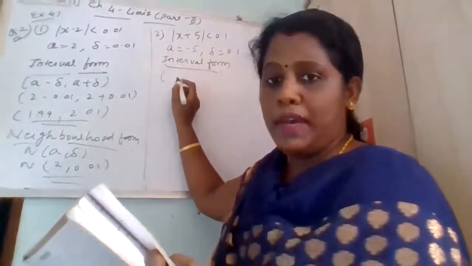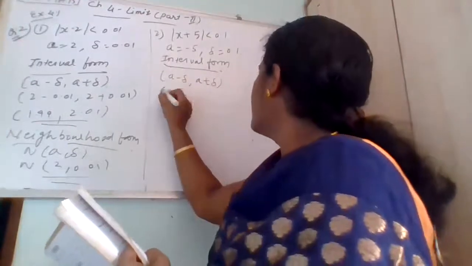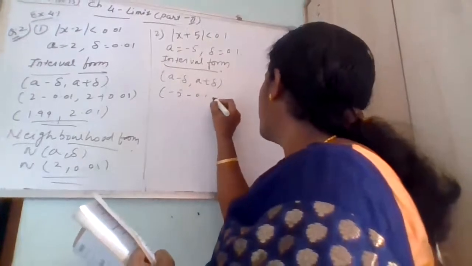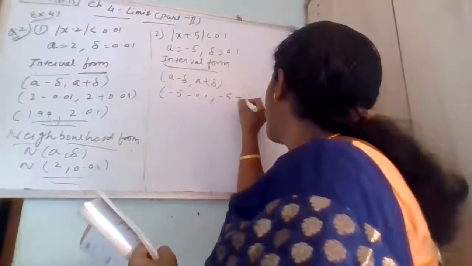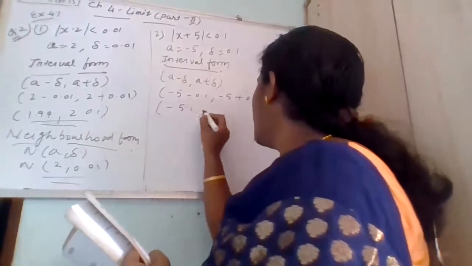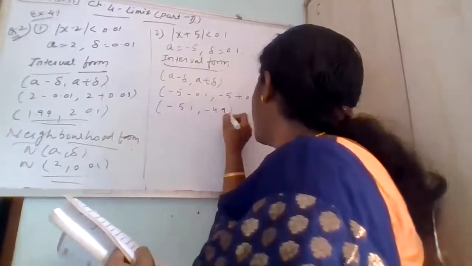Interval form is a minus delta and a plus delta, that is minus 5 minus 0.1 and minus 5 plus 0.1, that comes to minus 5.1 and minus 4.9.